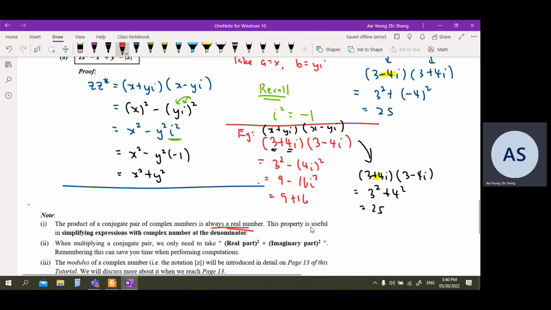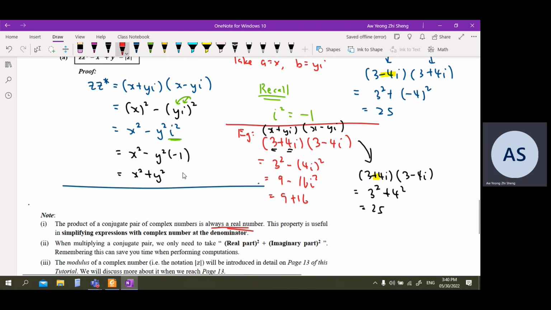This property is very useful in simplifying expressions with a complex number at the denominator. In page number 5, we will learn how to divide complex numbers. When you have a complex number at the bottom of a fraction, multiplying the bottom of the fraction by the conjugate is a very common technique to get rid of i from the bottom of the fraction. We'll do that on page 5.